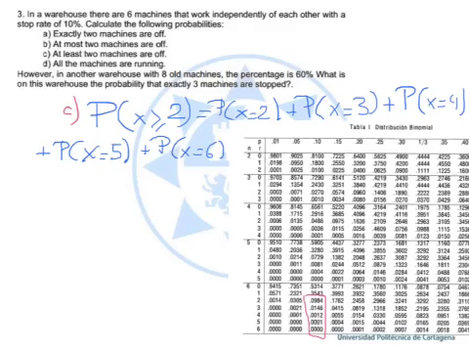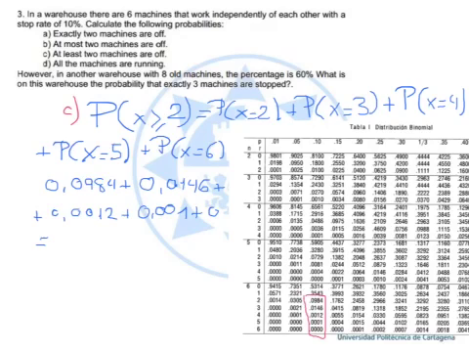Now we just have to replace and then sum all of them, and this is equal to 0.1143. So this is the final result of part C.